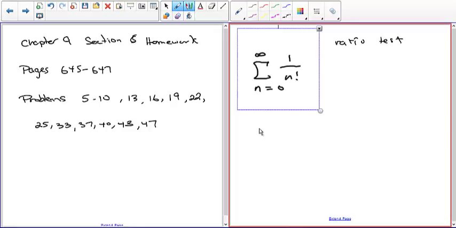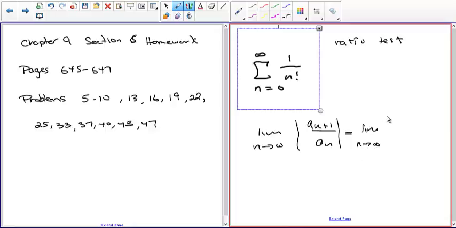And the way you would set that up, I'm going to let you work through it. We'll work through each one of these and write out what's appropriate. So we take the limit as n goes to infinity of a sub n plus 1 divided by a sub n. So in this case, a sub n plus 1 is just substituting n plus 1 for n.